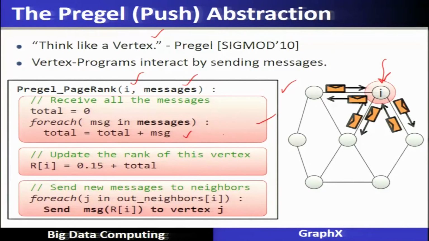After that, it will compute or update the rank, that is called the apply operation, and then it will scatter to these other nodes. This particular paradigm is applied at all the vertices in parallel. Only one vertex program we have to write, and the rest of the algorithm is taken care of. So writing a graph algorithm using Pregel becomes quite easy without bothering about many intricacies.